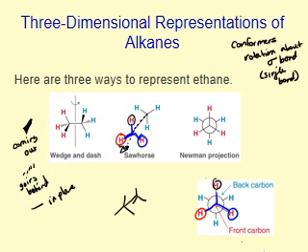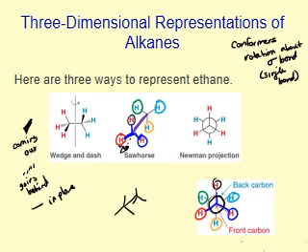The back bond you're not seeing, so this purple bond here we're actually not seeing. Then this circle is representing what is attached to the back carbon and how it looks. So again, you would have this hydrogen being represented there, this hydrogen here, and this hydrogen here.